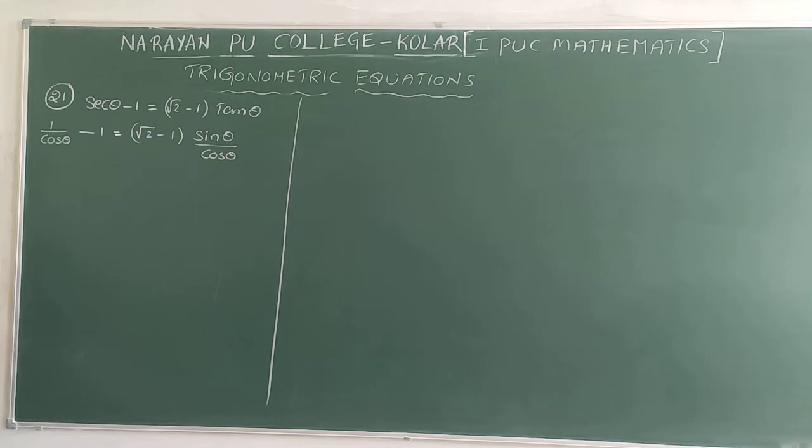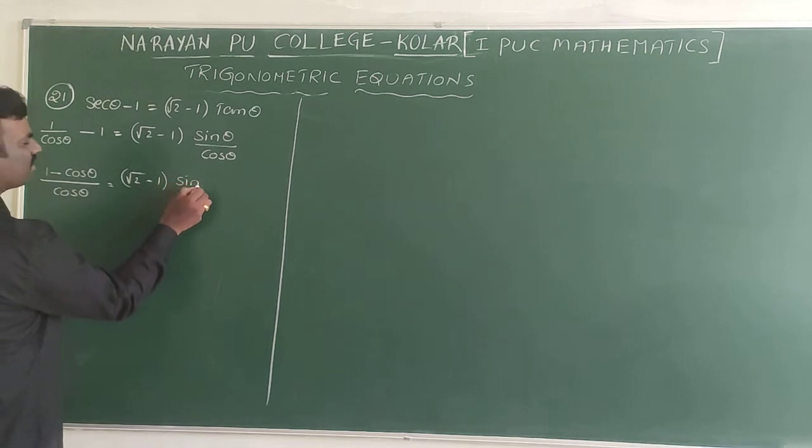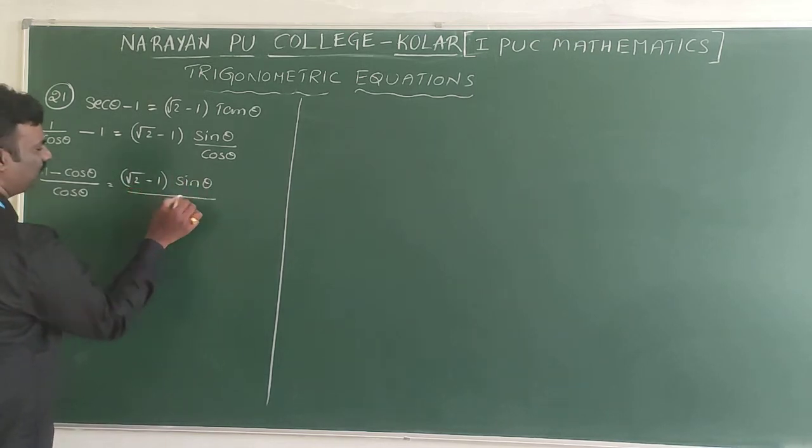If you take the LCM, this can be written as 1 minus cos theta by cos theta, that equals root 2 minus 1 into sin theta by cos theta.